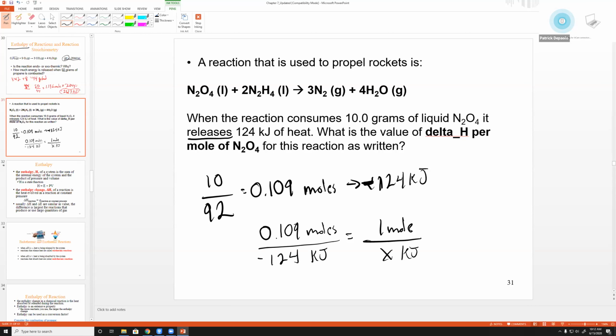The way I think of it is proportions. You can cross multiply and think however you want, and you would get 124 divided by 0.109, and you would get negative 1,138 kilojoules. Did everybody get that?